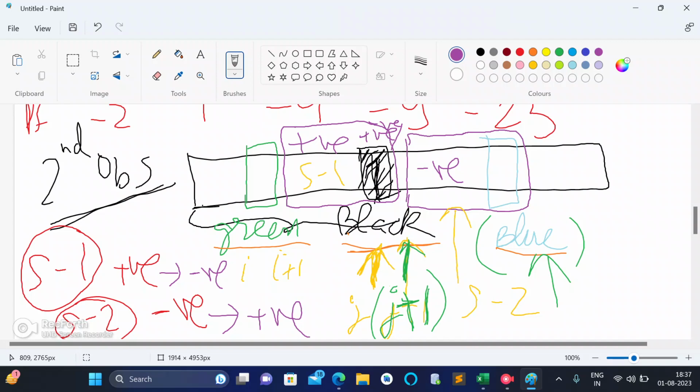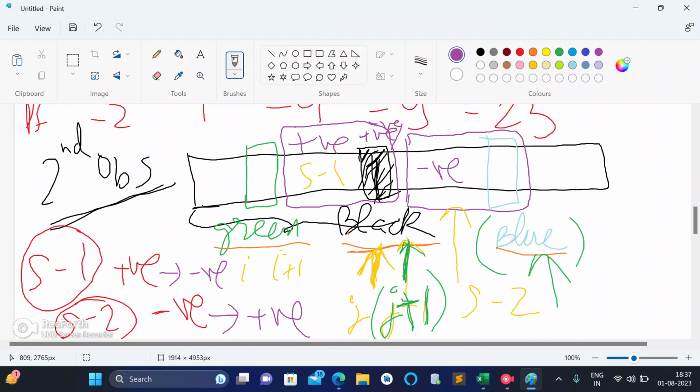I convert some positives of section 1 to negatives. So don't you think that black value will become less than the green value?